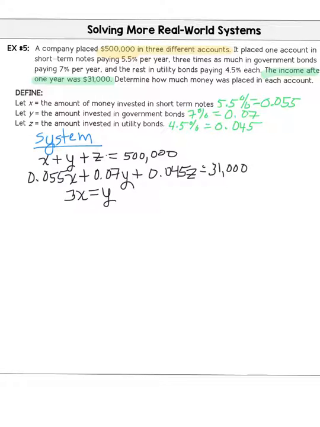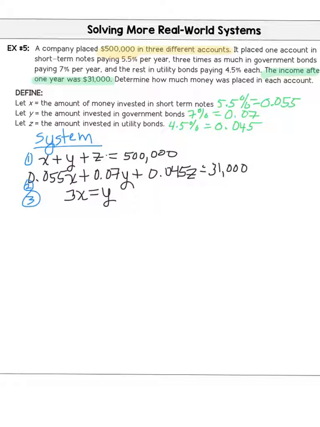So I am going to number my equations. So this is 1, 2, and 3. So what I can do is for every Y, I could replace it with 3x. So everywhere I see a y, here and here, I can replace it with 3x. So let's try that and see what happens.